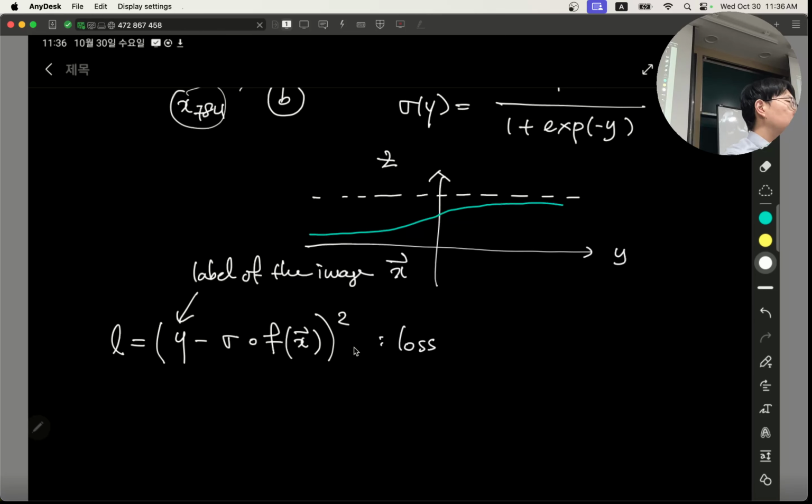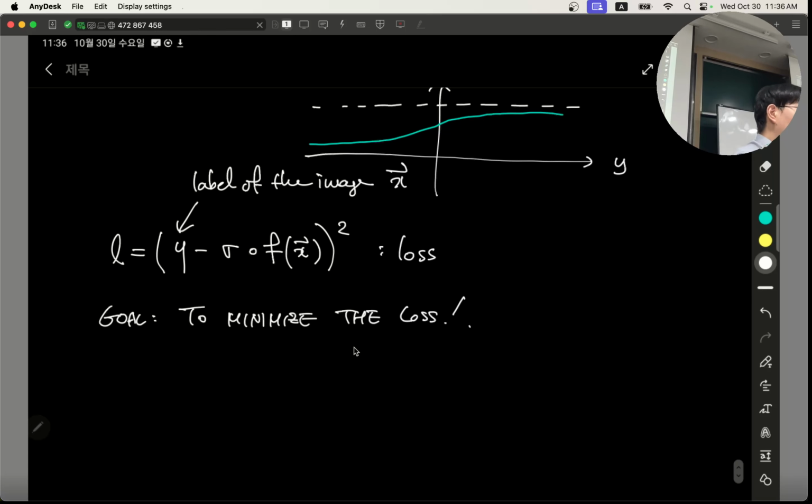Loss is when you somehow lose your control or lose your accuracy, and that's why it's called loss. So what you want is to minimize your loss. So the goal is to minimize the loss.